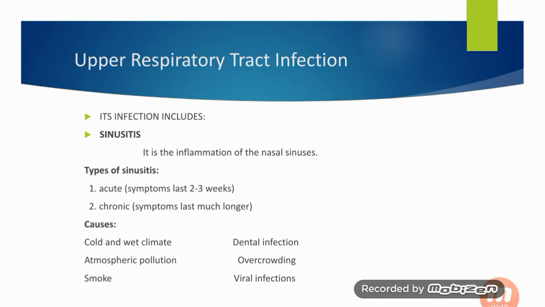This inflammation lasts for 4 to 8 weeks. The chronic one is characterized by severe inflammation. And the fourth one is recurrent sinusitis. It may attack several times within a year.